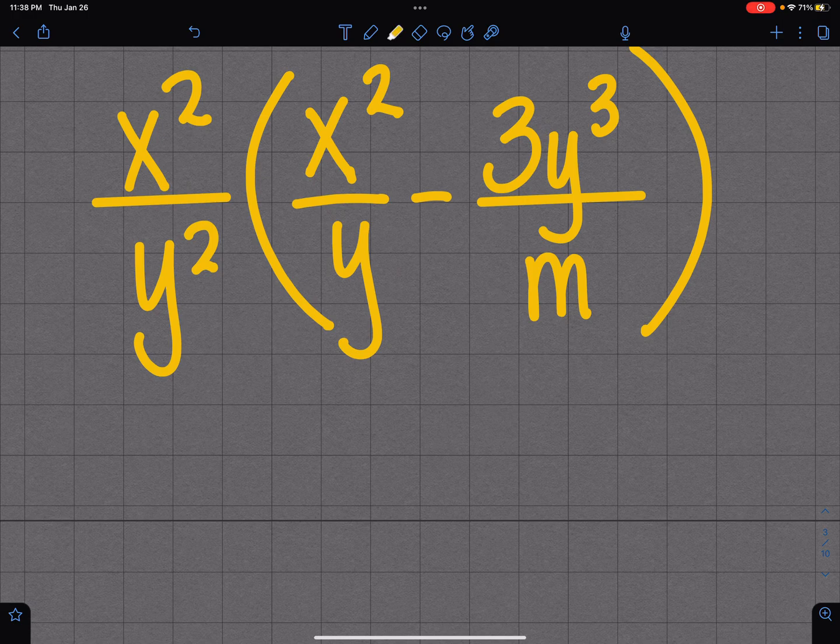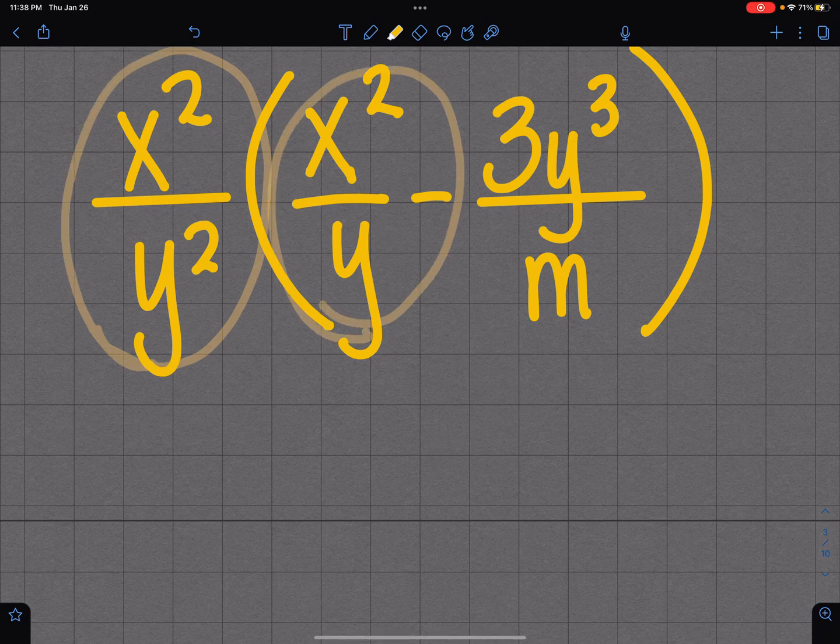So the first thing that we're going to do is multiply this times this. And it's two fractions with variables. So we're going to start with the numerators. We're going to do x squared times x squared. You know how to do that. It's x to the 4th power because we are just adding the exponents. X squared times x squared is x to the 4th.